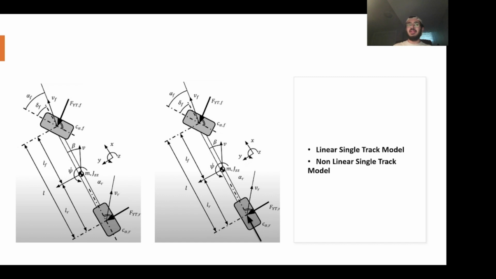There were two models, Pacejka's Magic Formula, which came into existence for this. I didn't go that deep because it was getting harder, so I kept it till here. The major difference between linear and non-linear single track is just the tire forces.